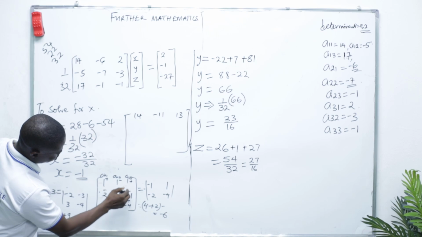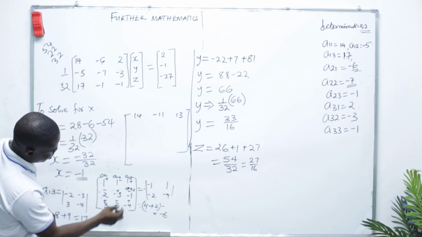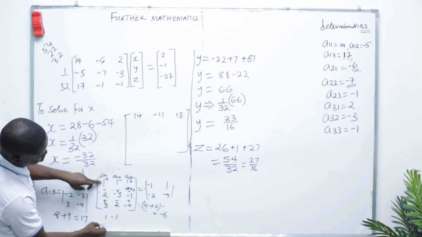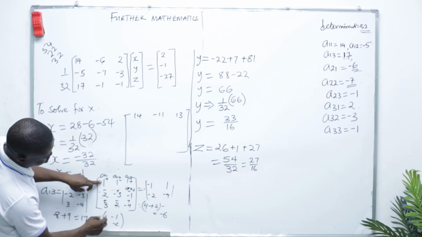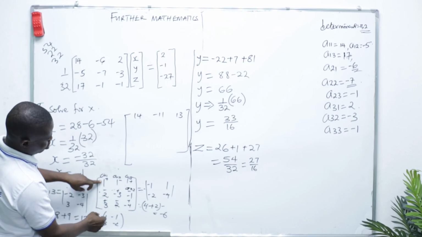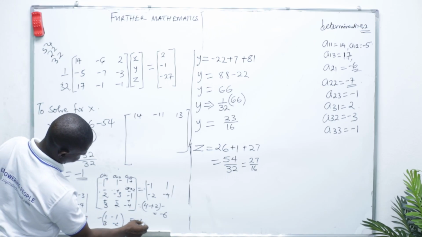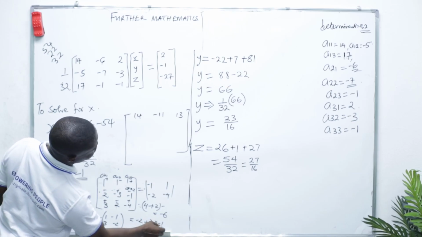A23, this way. 1, minus 1, 3, minus 2. There's a minus sign there. Minus 2 plus 3 equals 1. Then minus 1.